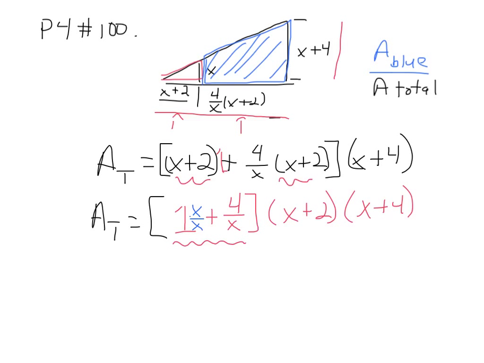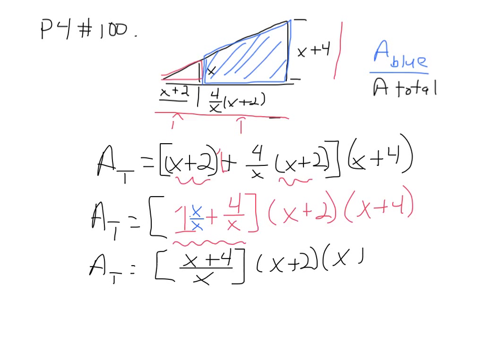We have a common base here, so we can have an x plus a 4. Let's throw in one more step here. The total area is going to be x plus 4 over x, times x plus 2, times x plus 4.